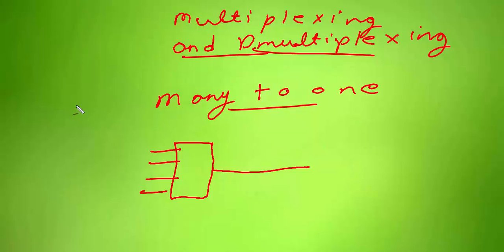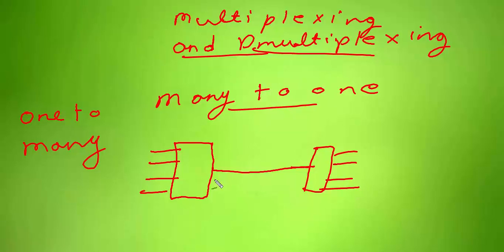So that is one to many. So this is multiplexing and this is demultiplexing.